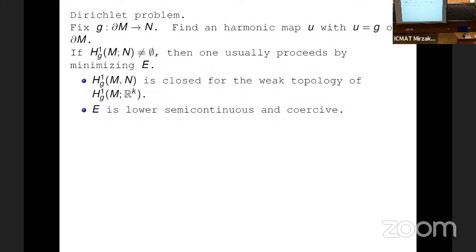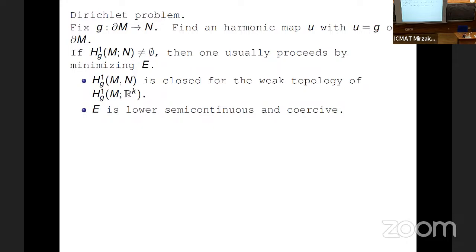Well, if this space is non-empty, then it's quite easy to get a harmonic map by minimizing the energy. The energy at the end of the day is lower semi-continuous and coercive, and this set is closed for the weak topology of H1. The reason is that you are imposing that the map V takes values in N, which is a pointwise constraint, and so it passes to the limit using the weak topology of H1.